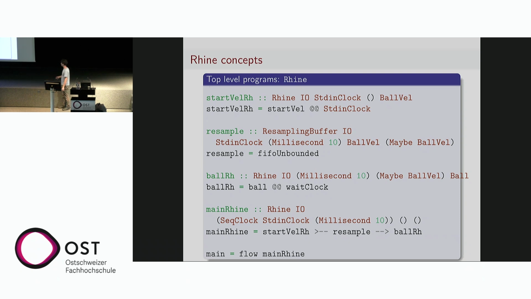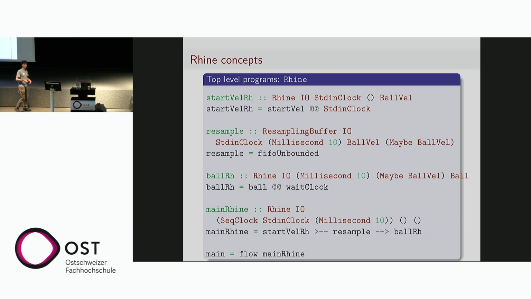Okay, and then you stick all of these together with those nice little combinators, so it's pretty clear the data flow goes in that direction. And here is where the type checker will complain if you try to stick together things with two different clocks.